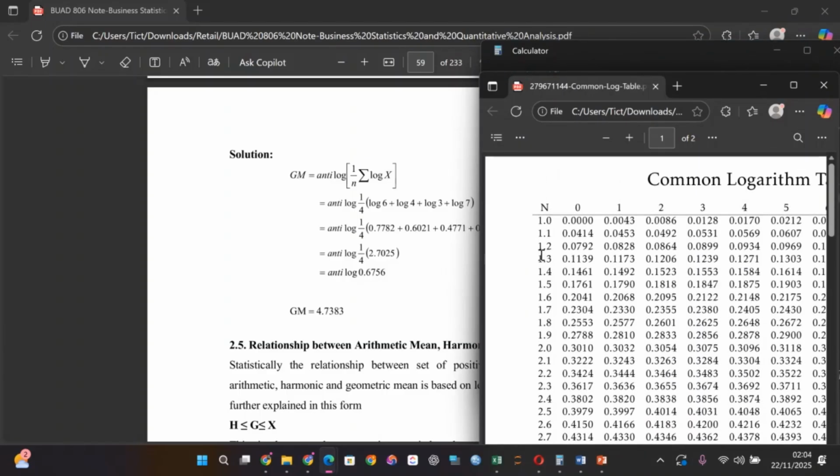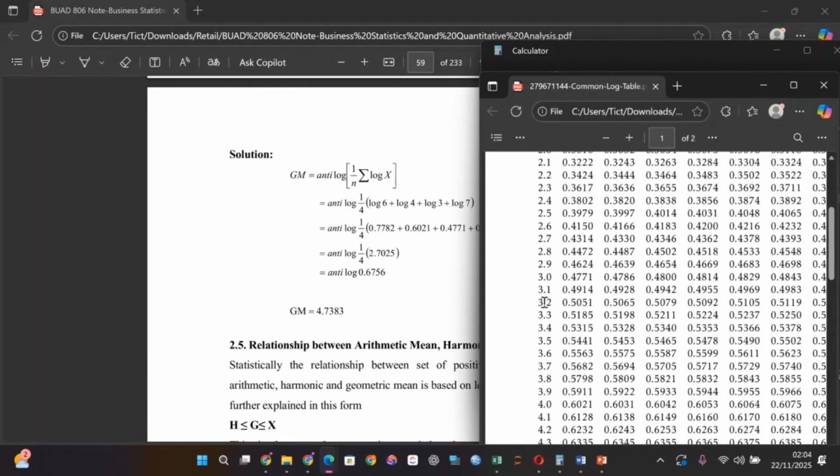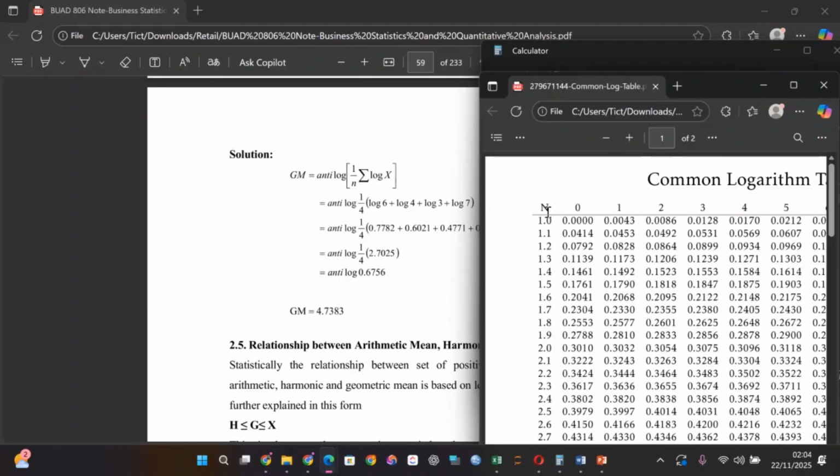So where do I go to get this 0.7782? Because on top you have log 6. Then where do you trace to get this number? Now check on this n. This is n, so check down here.